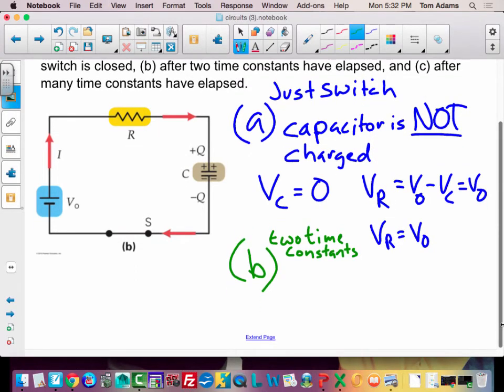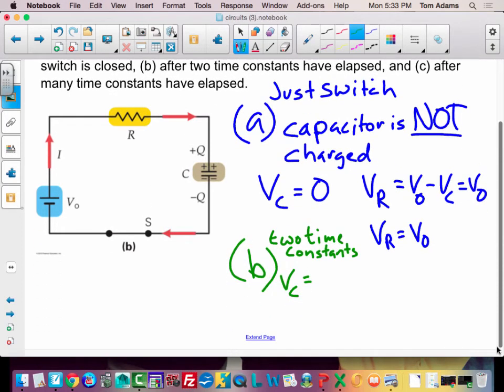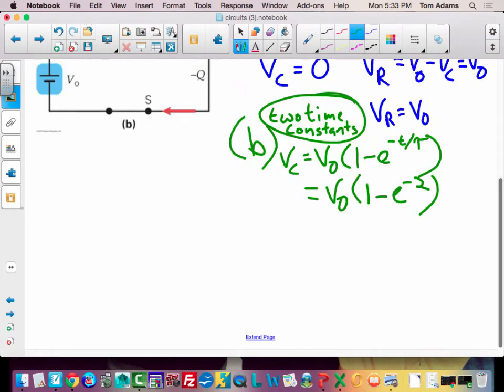And so let's write the formula in here. So now to find the voltage across the capacitor, what we need to do is figure out what the initial voltage was and multiply it by 1 minus e raised to the negative t over tau, but they gave us 2 time constants, so that's really the initial voltage times 1 minus e to the negative 2.